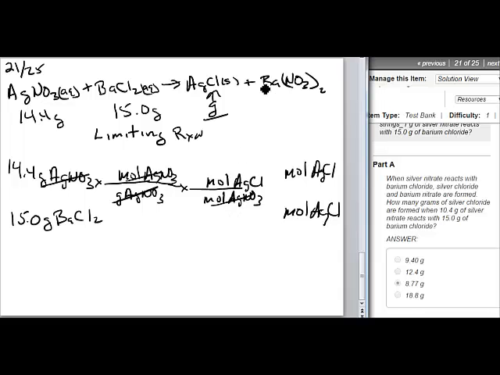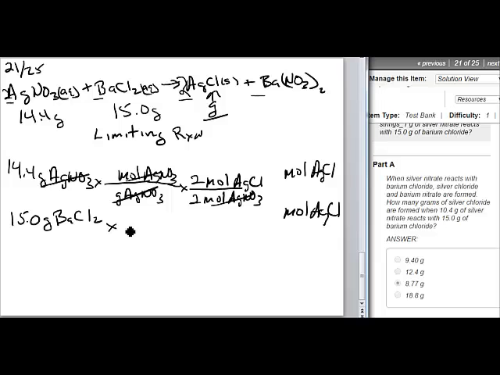That ratio comes from the stoichiometry, which we didn't do. We didn't balance this, right? So we have 2 chlorines over here. We need to have 2 chlorines there. So a 2 has to go in there, and that gives us 2 silvers. So we've got to put a 2 in there. So it's 2, and that's 1, and that's 2, and that's 1. And so our ratio here for AgCl is a 2 up here and a 2 down there.